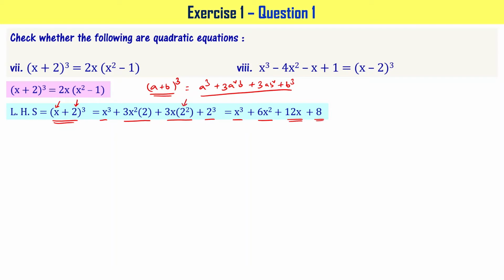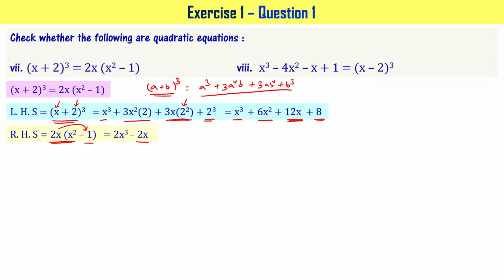This 2² is 4, 3x times 4 is 12x, I have written here, right? 2³ is 8. Now you have the LHS in the expanded form. Let's now write the RHS, that is 2x(x² − 1), right? That can be written as 2x³ − 2x, right? 2x times −1 is −2x.